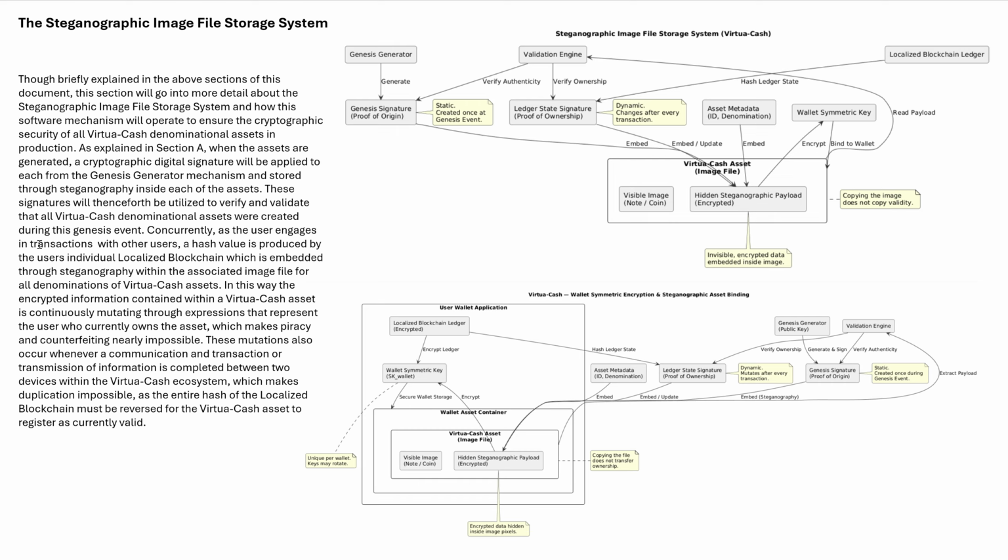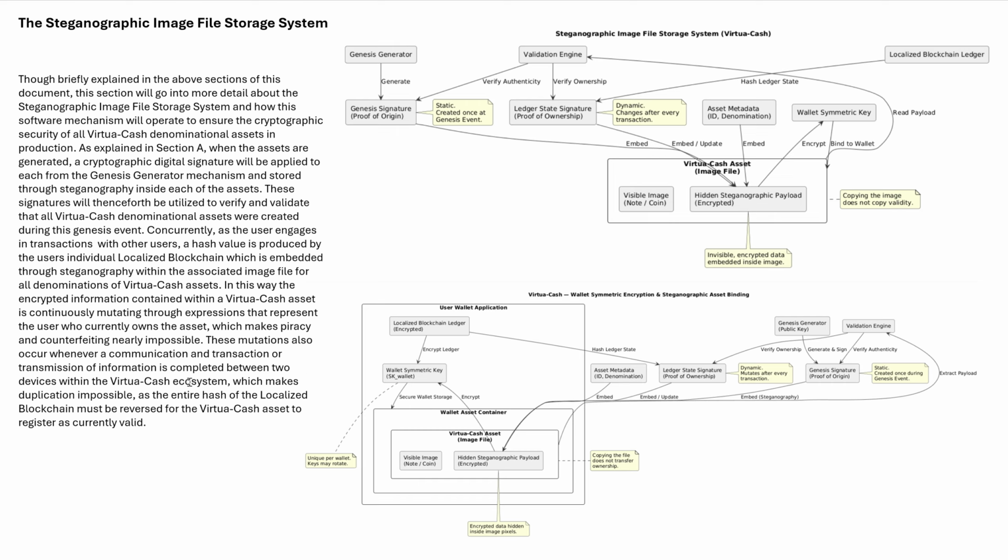Concurrently, as the user engages in transactions with other users, a hash value is produced by the user's individual localized blockchain, which is embedded through steganography again within the associated image file for all denominations of virtual cache assets. In this way, the encrypted information contained within a virtual cache asset is continuously mutating through expressions that represent the user who currently owns the asset, which makes piracy and counterfeiting nearly impossible.